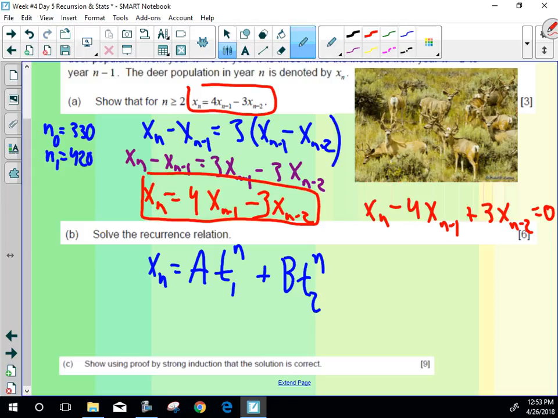And then we're going to move everything up. They're going to refer to X of n as 2 above this one, 2 powers above. So we're going to use t to the second power minus 4t plus 3.